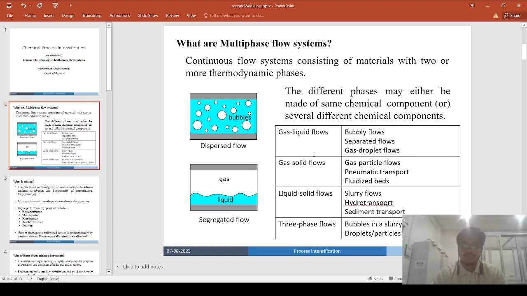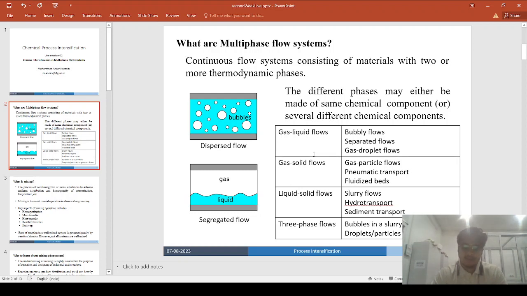For gas-solid flows, the common examples are gas particle flows, pneumatic transport and fluidized bed reactors. For liquid-solid flows, some examples are slurry flows, hydro transport and sediment transport. So these are some of the simplest flow cases.